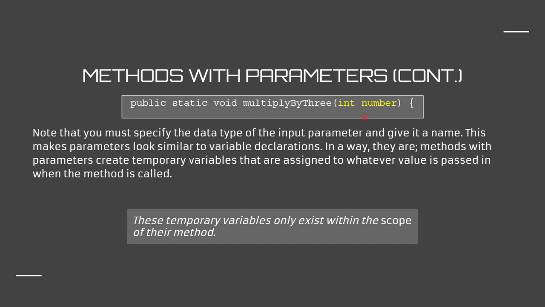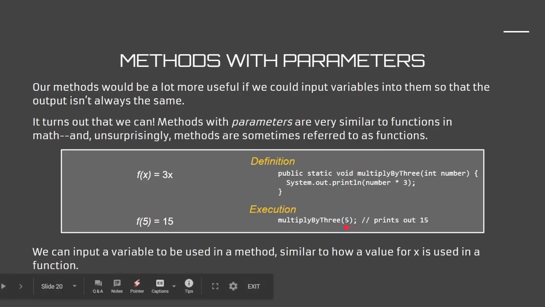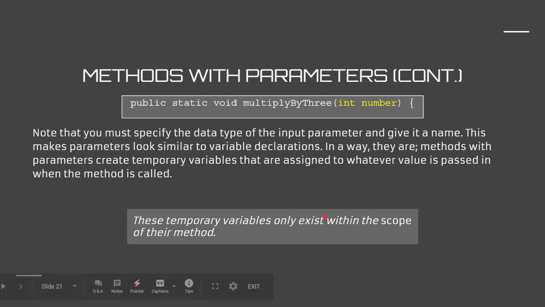Methods with parameters create sort of temporary variables that are assigned to whatever value is passed in when the method is called. So number right here is being created as an integer, which only exists for this method, and its value is set to whatever you put in these parentheses when you call the method.